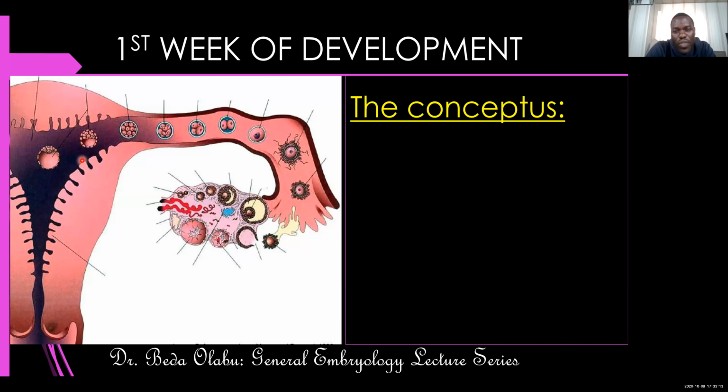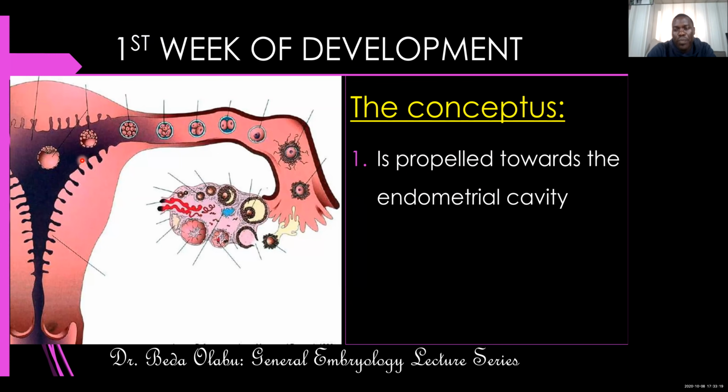So what happens to the conceptus during the first week? The conceptus will be propelled from the site of fertilization, which is the fallopian tube, to the site of implantation, which is the endometrial cavity.